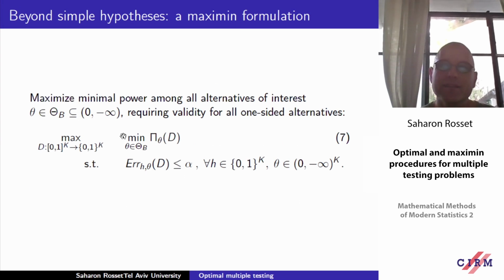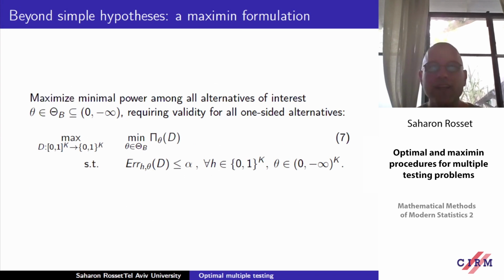The only thing is we need to choose what we optimize. So we say we want to maximize the minimal power among all alternatives of interest. And in fact, we could allow the alternatives to be different in the objective as well. But we are going to limit them to some subset of the one-sided alternative.